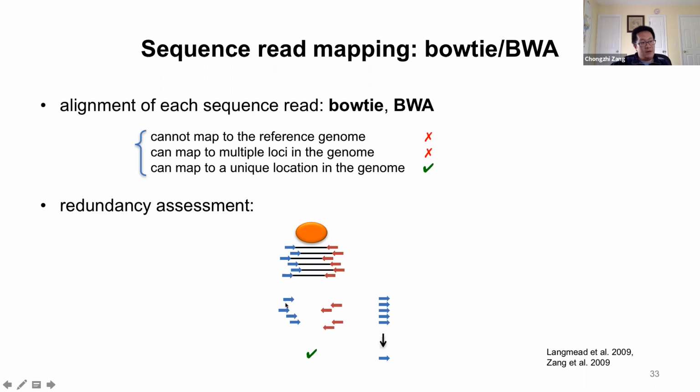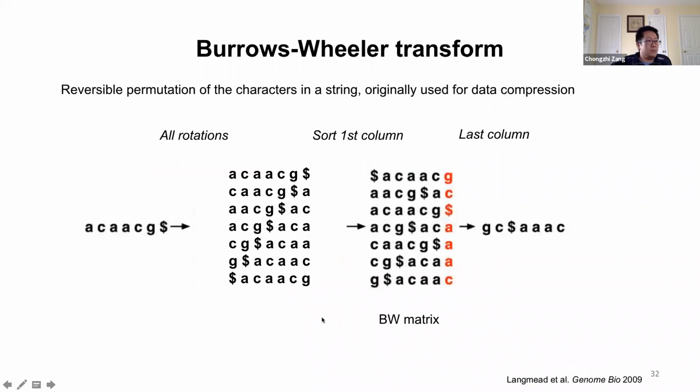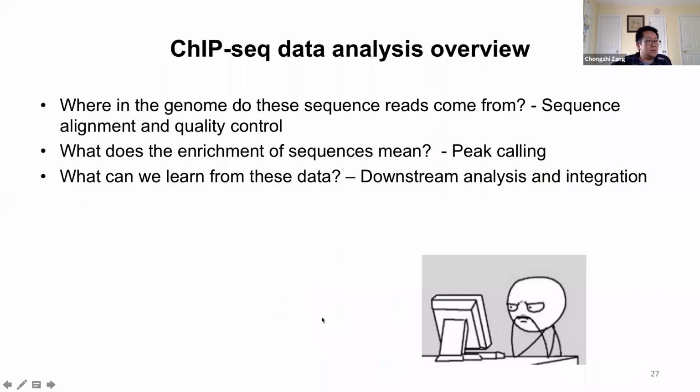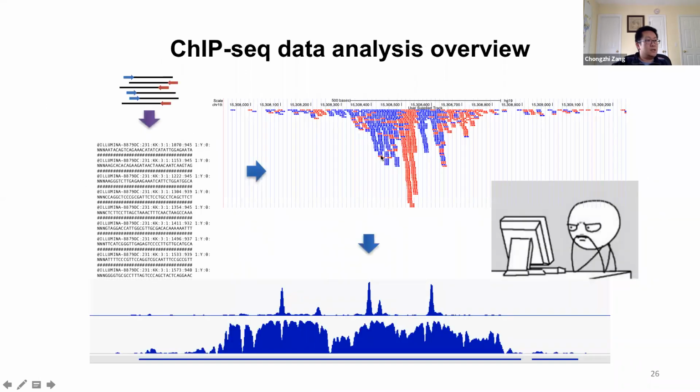Maybe I can use this one as a schematic example. You can see if the sequence reads are enriched in a certain region in the genome, many of them should have very different start and end locations, so that after piling up, we form a mountain, a peak-shaped profile.